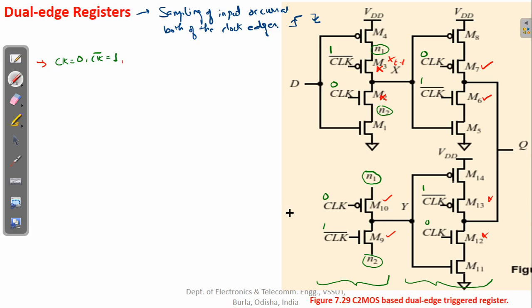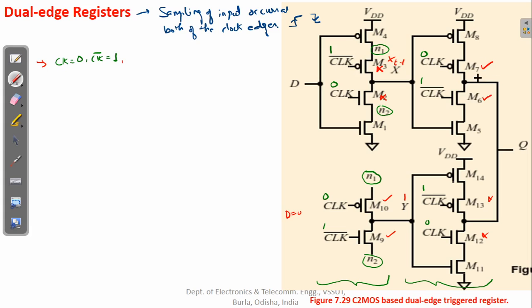So if D is 0, Y will be 1, and if D is 1, Y will become 0, because this is basically an inverter stage. Okay, now here look at this, this is in transparent mode, and this is in hold mode. Okay, so this output will be maintaining the previous value. Okay, and this output value may change depending on the value of X t minus 1, because this has now entered into transparent mode.